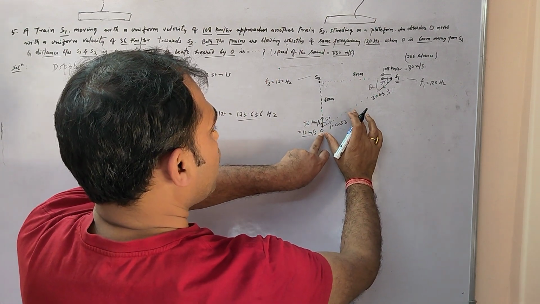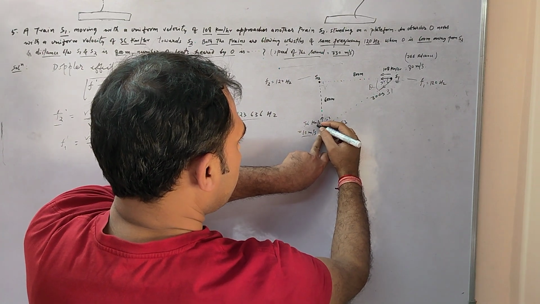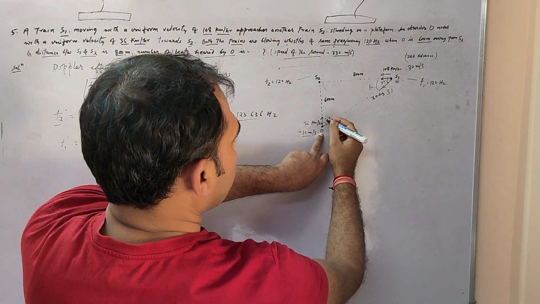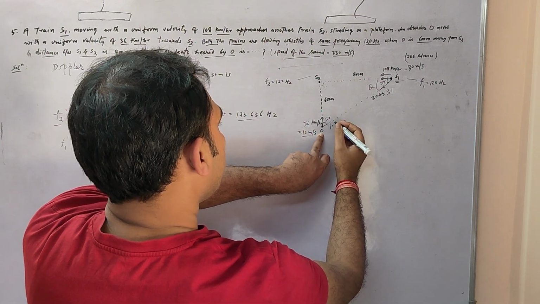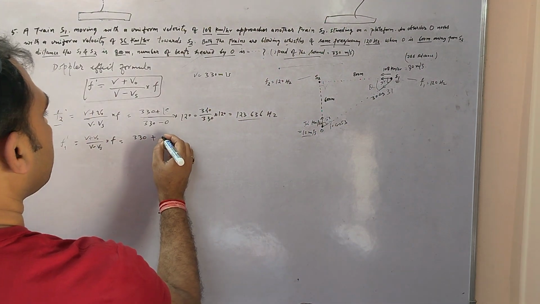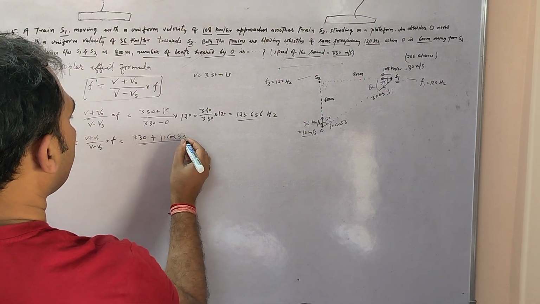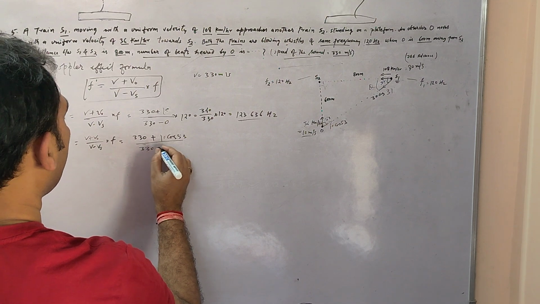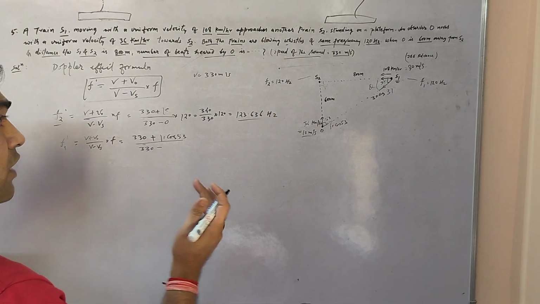So what will be the velocity of observer towards source? This will be 10 cos 53 in this direction. So this will be 10 cos 53 by V, again speed of sound, minus Vs, velocity of source towards observer.